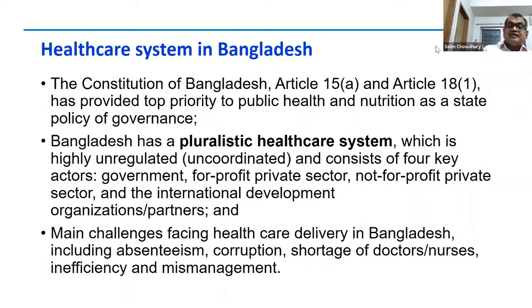But the main challenges that we face in delivering quality healthcare services are absenteeism of the healthcare providers, corruption in the health sector, and shortage of doctors, nurses, or whatever you say, the healthcare providers.